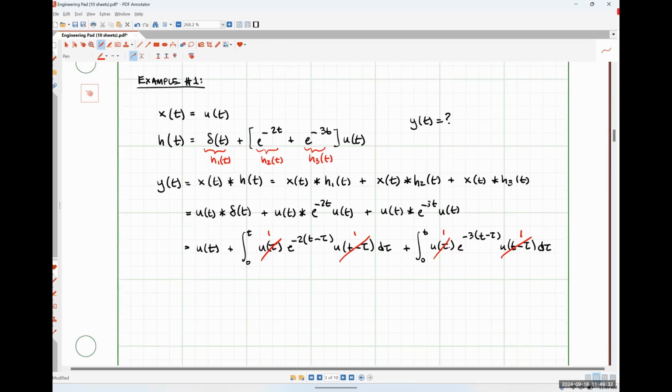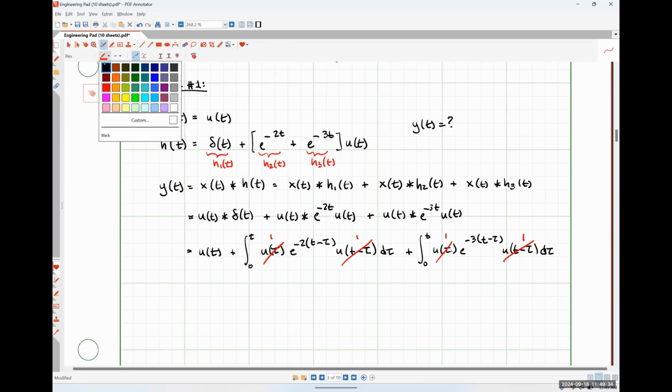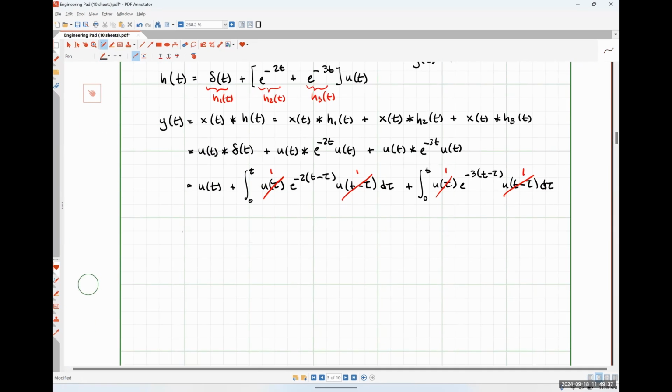Okay, so let's make our simplifications here. We've got our u of t. We're going to have the integral from 0 to t of e to the -2 (t minus tau) d tau, plus the integral from 0 to t of e to the -3 (t minus tau) d tau.